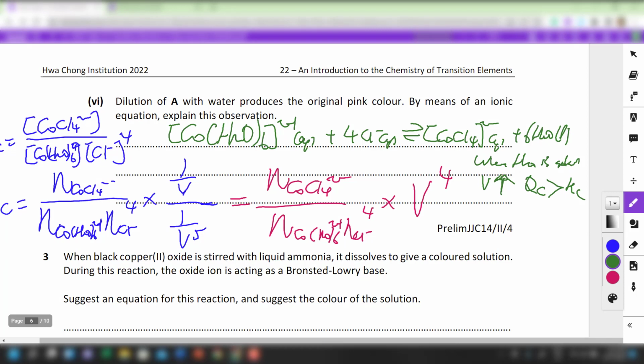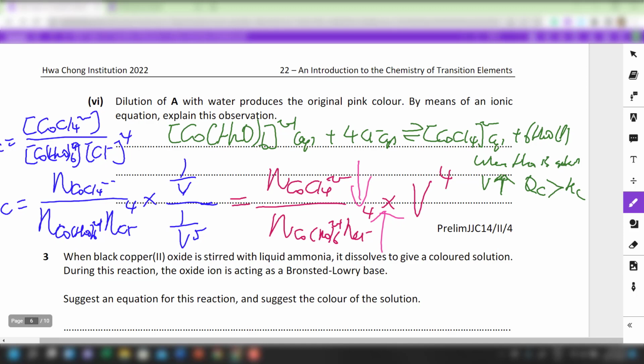When Qc is bigger than Kc, in order to restore equilibrium, the numerator, in this case the number of moles of tetrachlorocobalt(II) complex, must drop, and the denominator must go up. Am I right to say that? Because either the numerator goes down and the denominator goes up, or the numerator goes up and the denominator goes down, each having opposite effects on the final Qc.